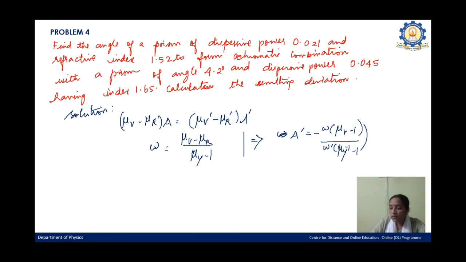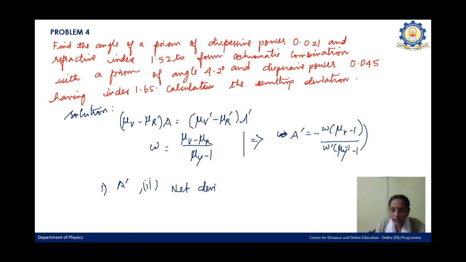So after making a rearrangement, you write the equation like this, substituting the values of the refractive index and dispersive power, and finally you will get two things. One is you are supposed to find out the angle of the flint. The other one which you have to complete is the calculation of net deviation.